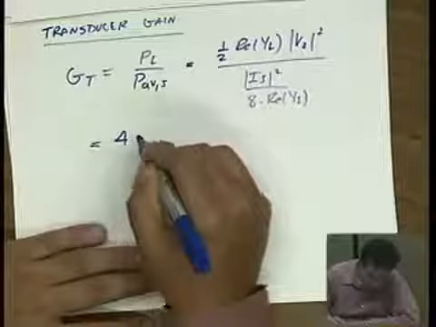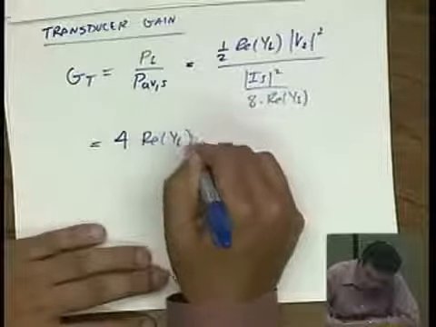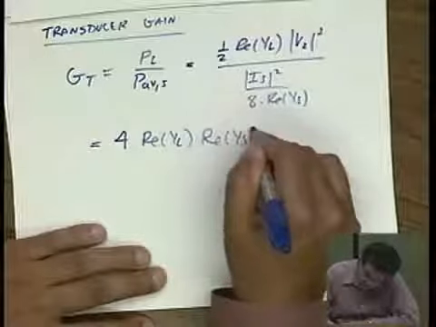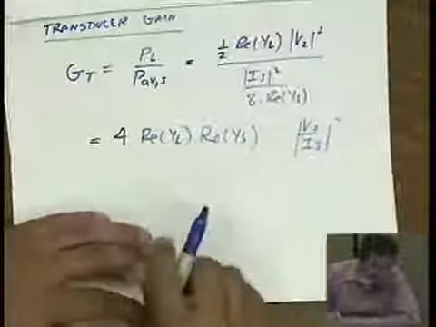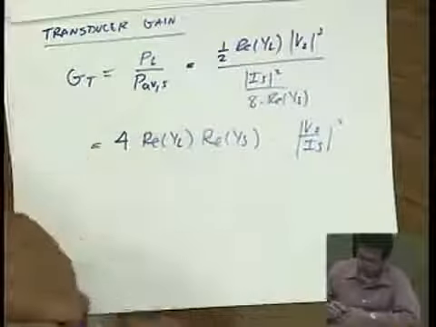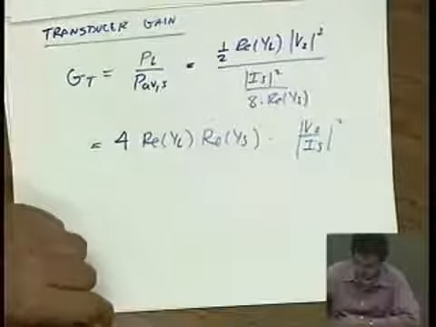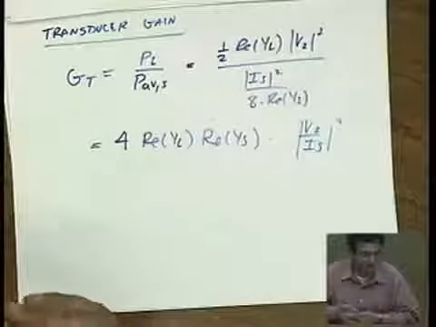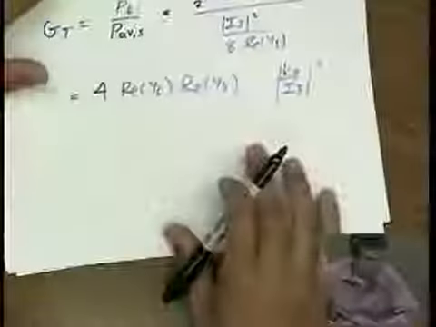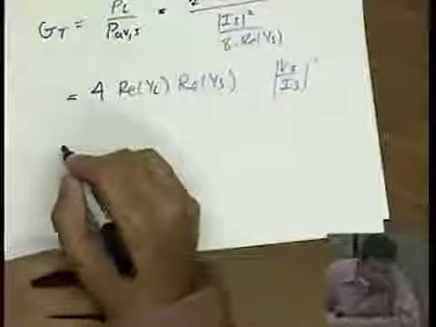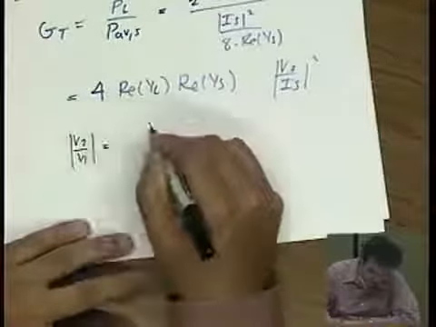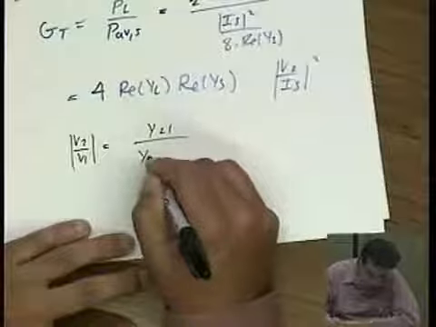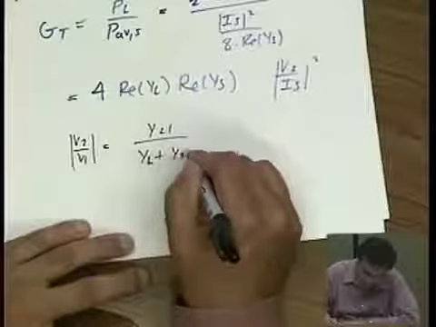8 divided by 2 is 4. Real part of YL, real part of YS, times V2 over IS squared. And I know V2 over V1. I've calculated that already. That's Y21 over YL plus Y22.